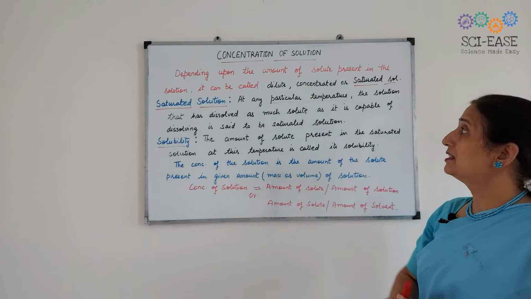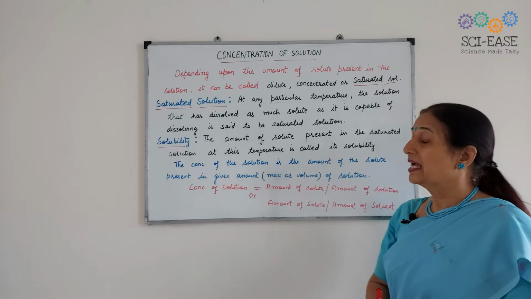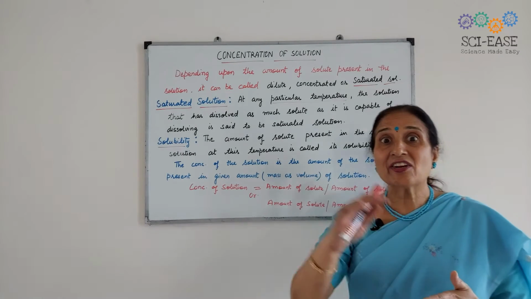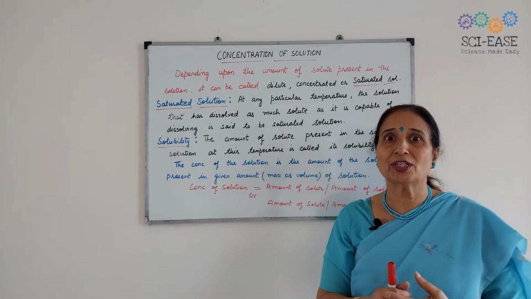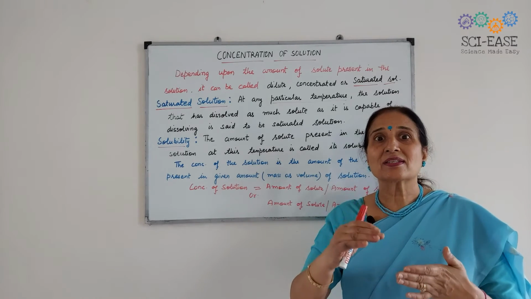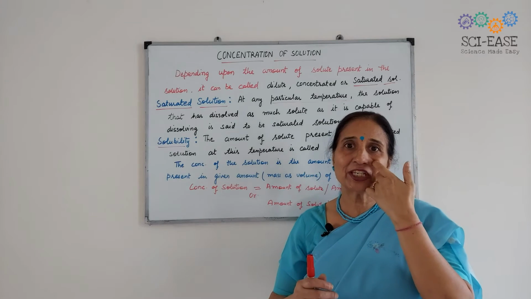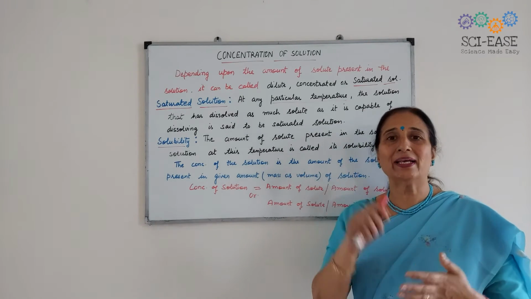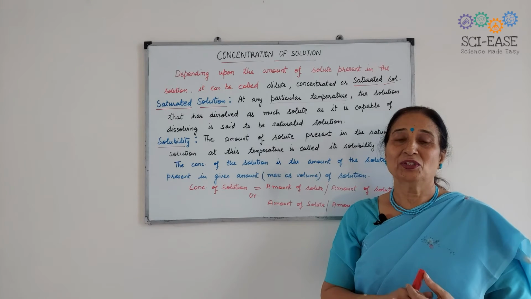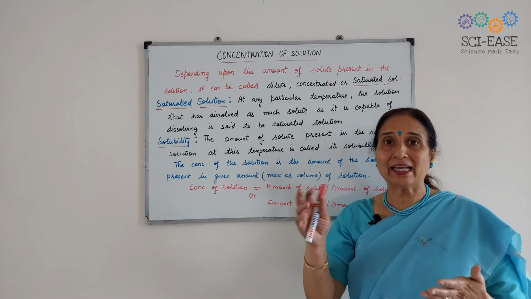Why have I written this particular temperature? If I increase the temperature, that is, I heat the solution, its saturation point will be shifted. Then more solute can be dissolved in it.